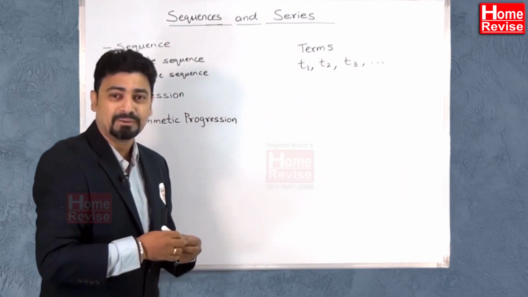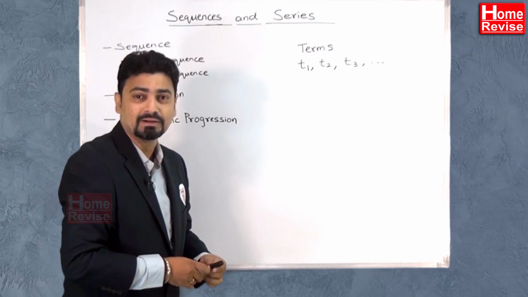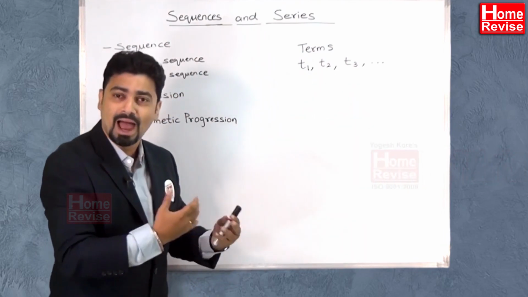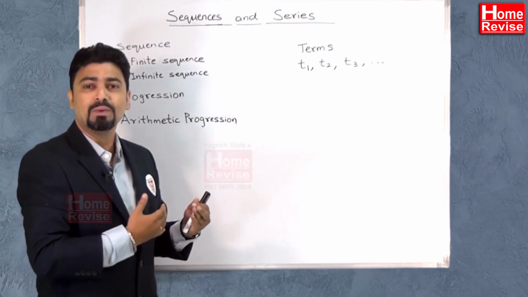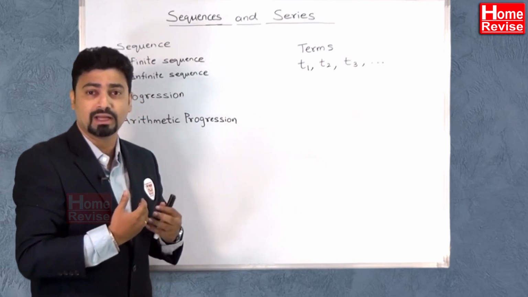Thus, I can say that T1 is the first term, T2 is the second term, T3 is the third term, and so on. So, sequences are made up of terms in definite pattern or arrangement.